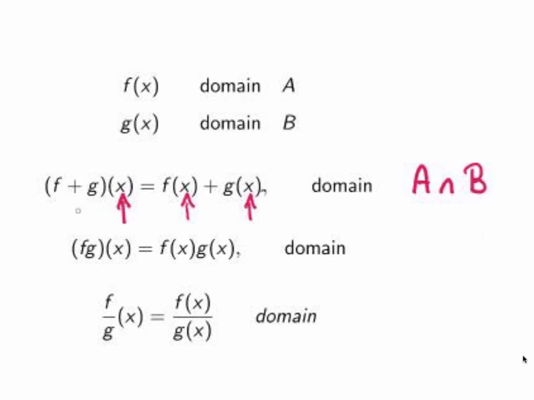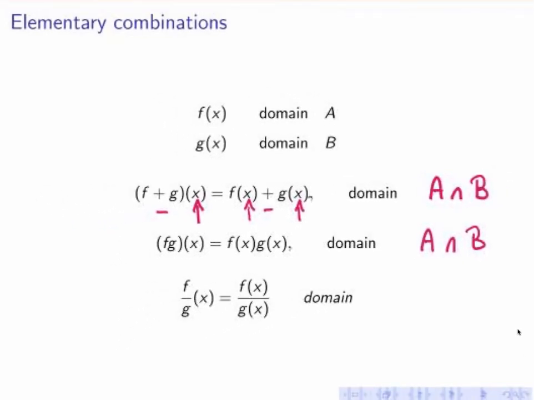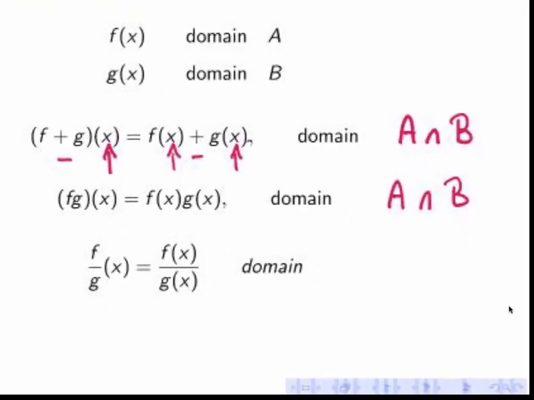Now, the similar is true for the minus sign. I didn't write this down extra. For the product function, fg of x is f of x times g of x. And same story, the domain is the intersection of both domains because x needs to be able to be substituted into both. Similar for the ratio, f divided by g is f of x divided by g of x.